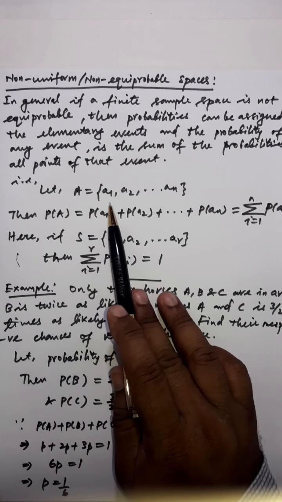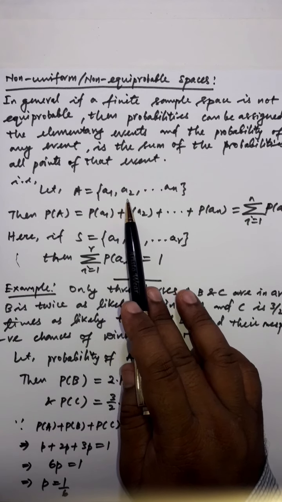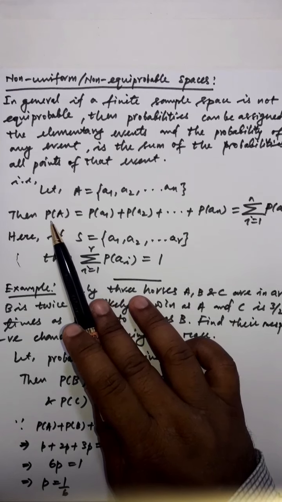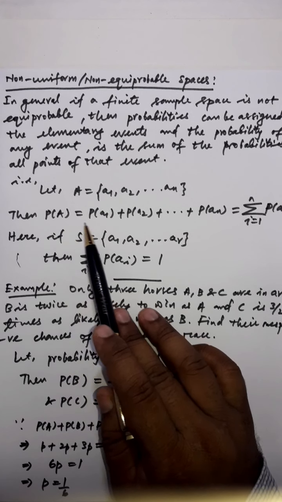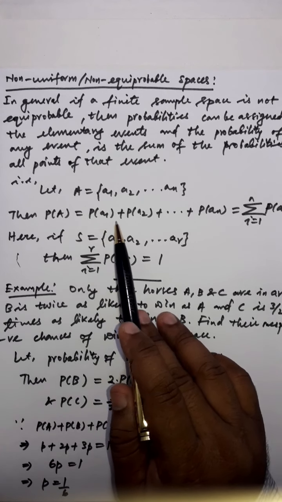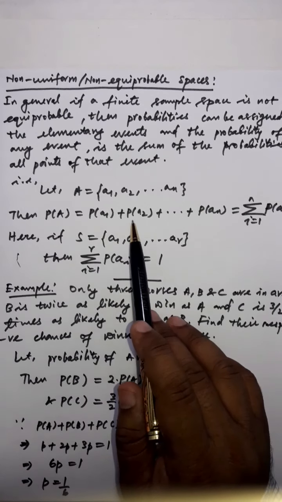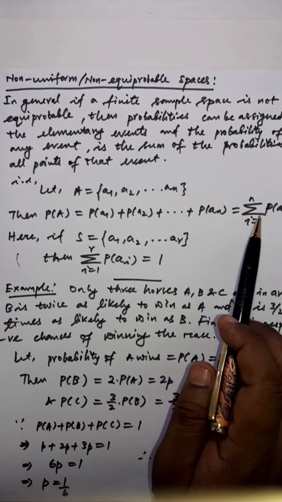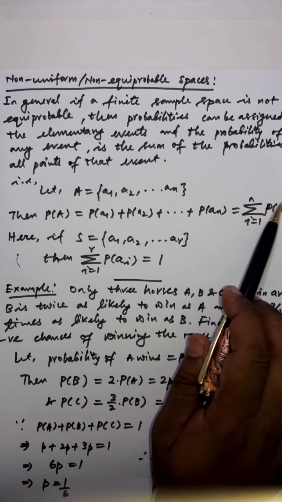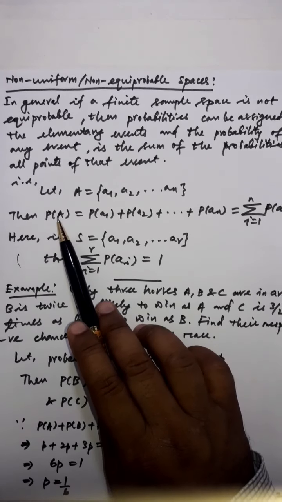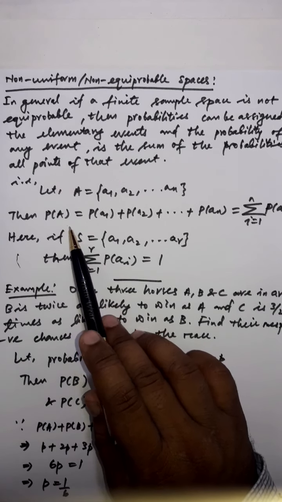So let A be the event which contains the elements A1, A2 up to An. Then we can say that the probability of the event A is equal to the probability of A1 plus probability of A2 plus up to probability of An. That means the summation of the probability of each and every element will result in the probability of the whole event.